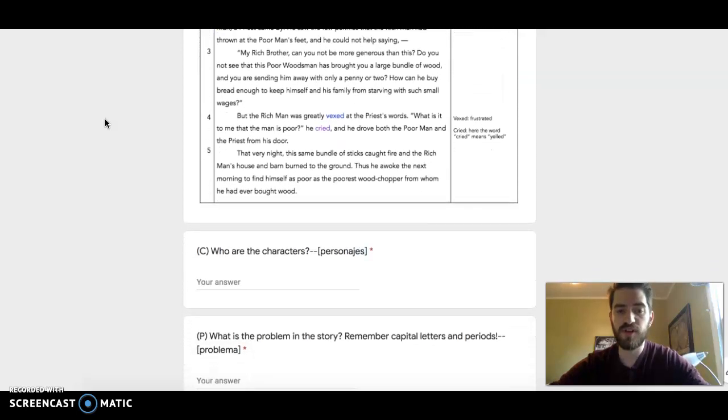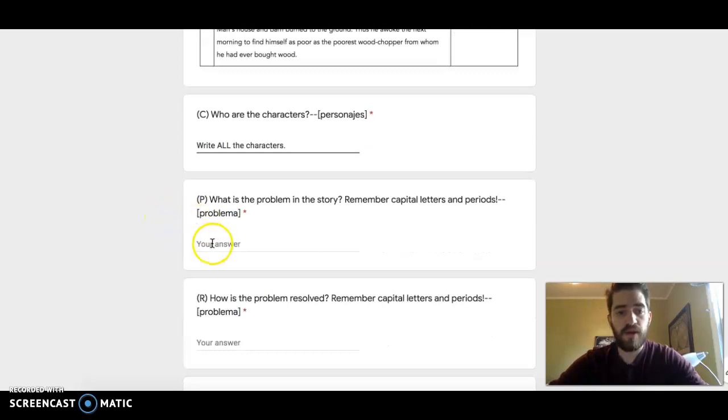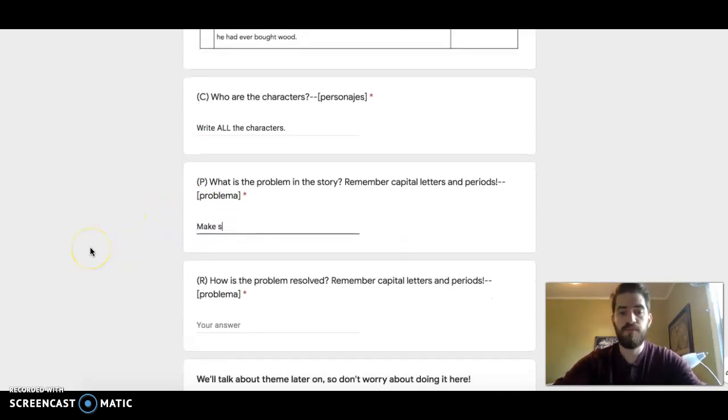All right, Kipsters, you're going to go through this CPRT on your own. Remember, for characters, write all the characters, not just the main character. For your problem, make sure you have a full sentence with a capital letter and a period.